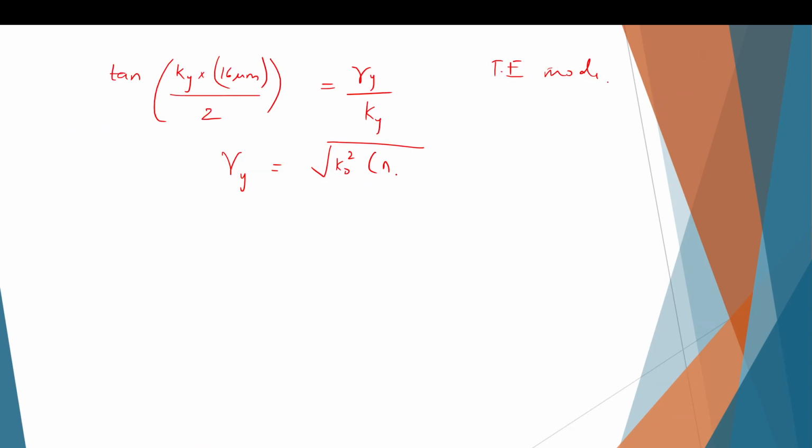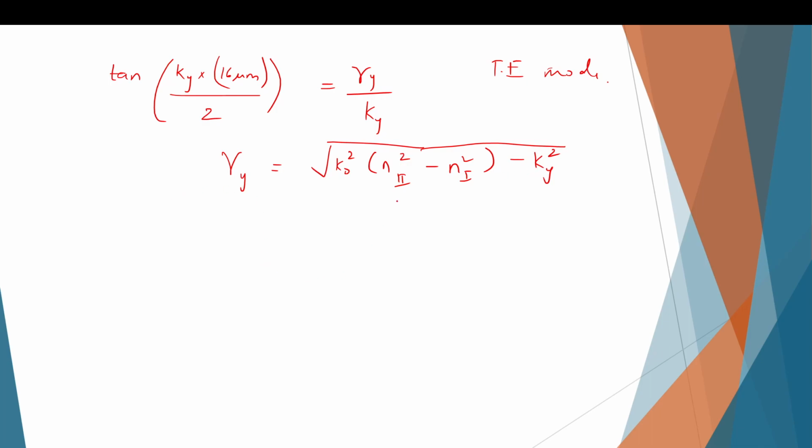So this will be n2 square minus n1 square minus kappa y square. Solving this equation, LHS and RHS, we can find the values of kappa y.